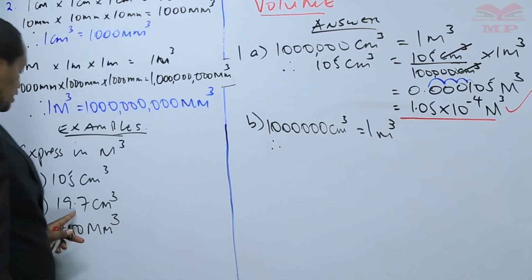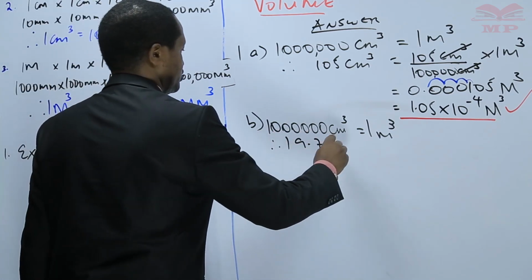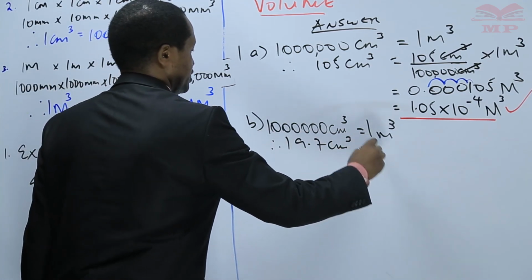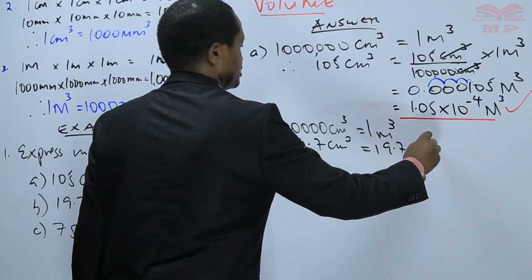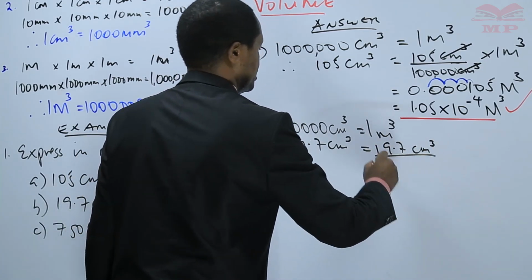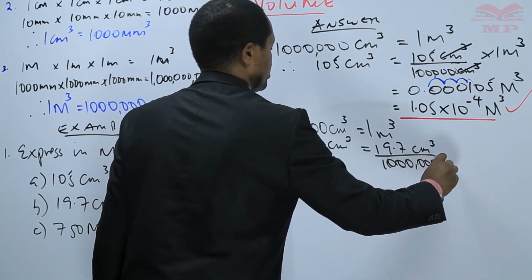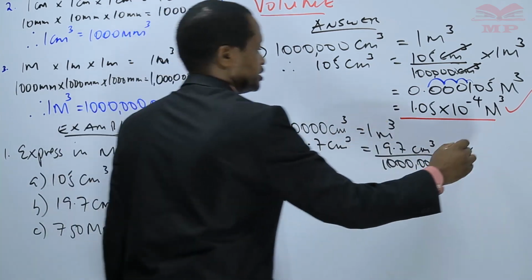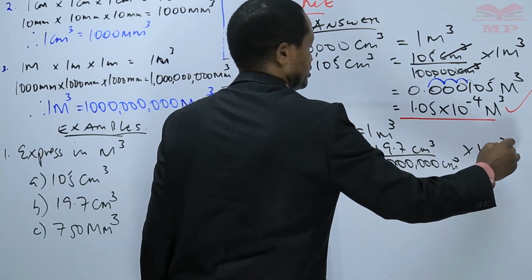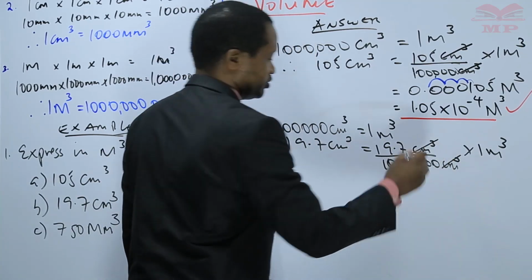Therefore, 19.7 cubic centimeters will be equal to 19.7 cubic centimeters divided by 1 million cubic centimeters times 1 cubic meter. The cubic centimeters will cancel out.